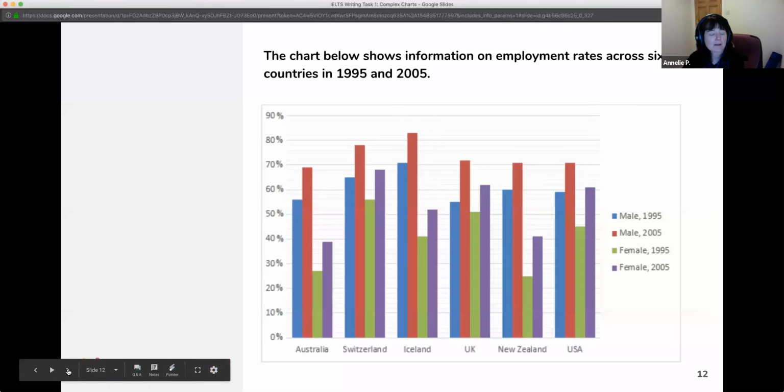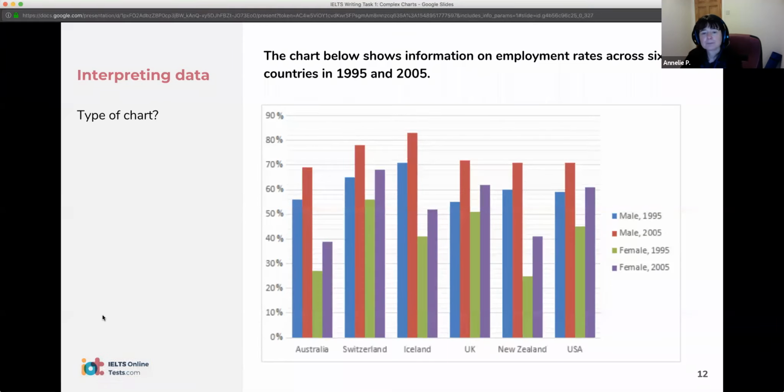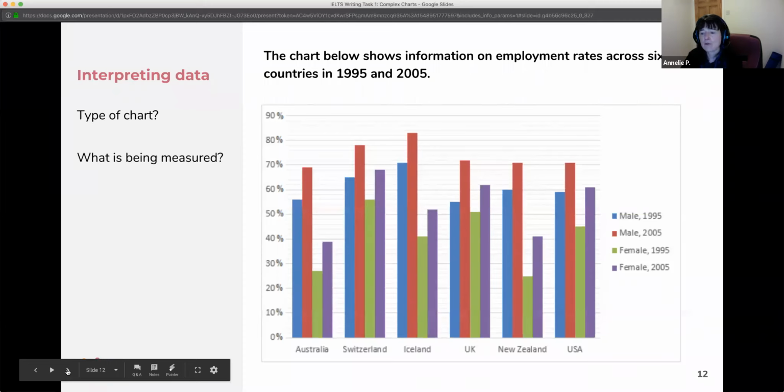Okay. So have a look at this. So what type of chart is it? First of all, okay, good. It's a bar chart. Okay, and what specifically are we measuring with this bar chart? Okay, very good, Patricia.